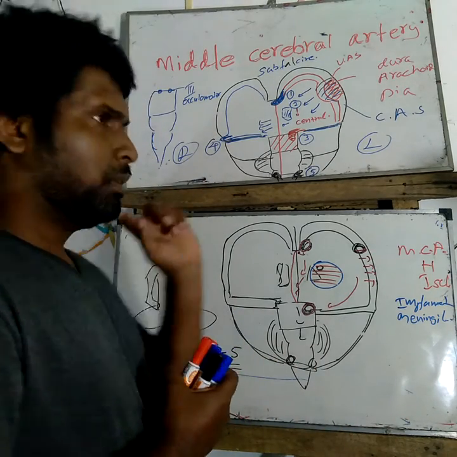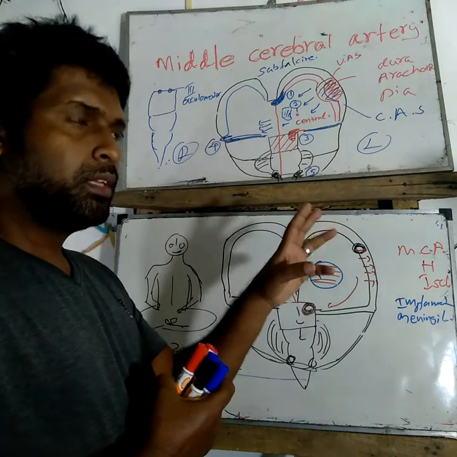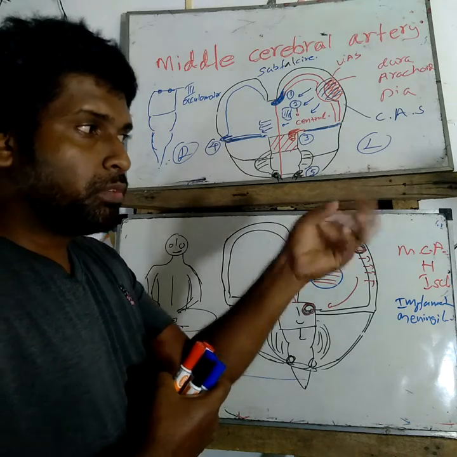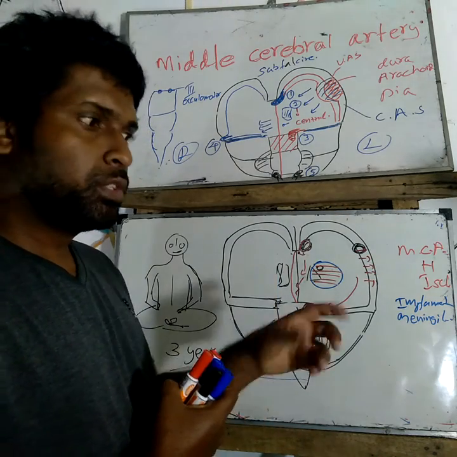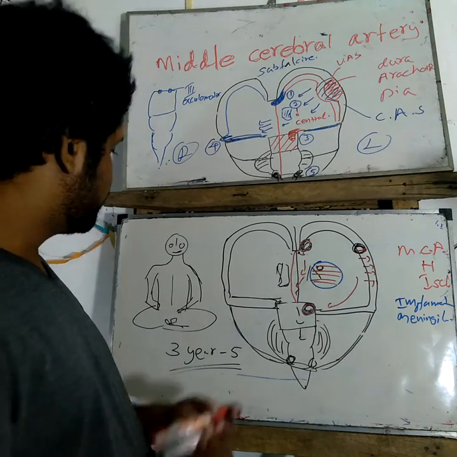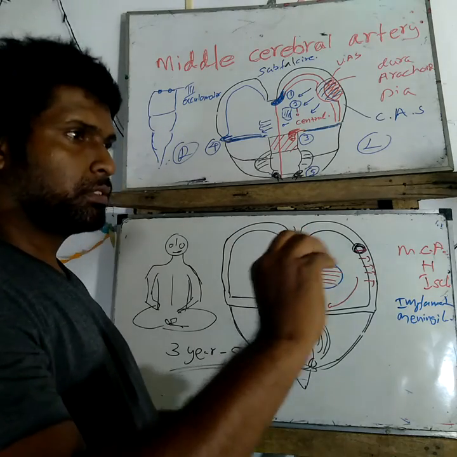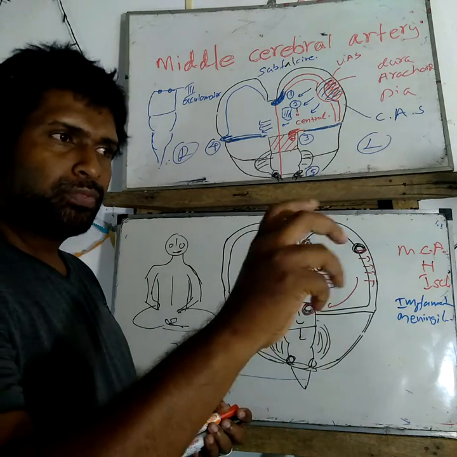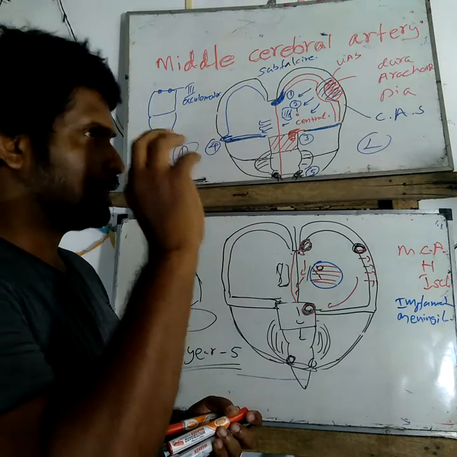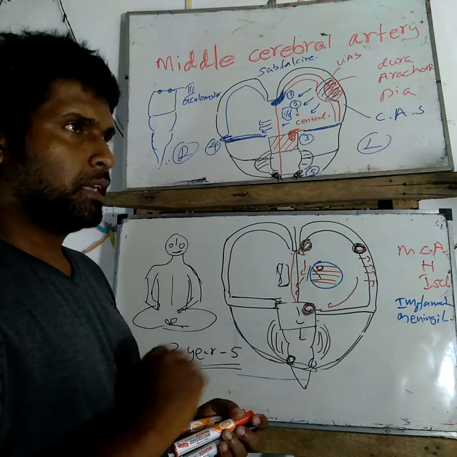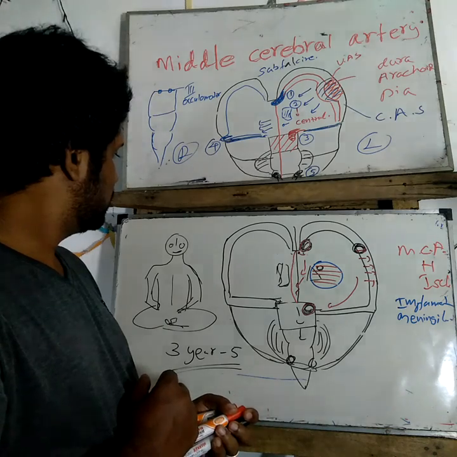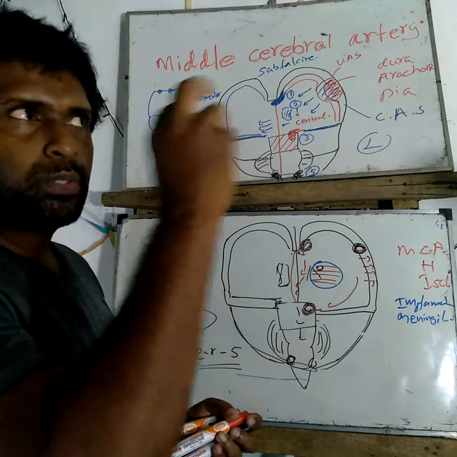Sometimes the mother notices shivering of the hand or shivering of the leg, some form of activity happening to this child, age 3 or 5. I also notice some form of dilation of the pupil and not making proper eye contact. So an eye problem can also happen at this time.